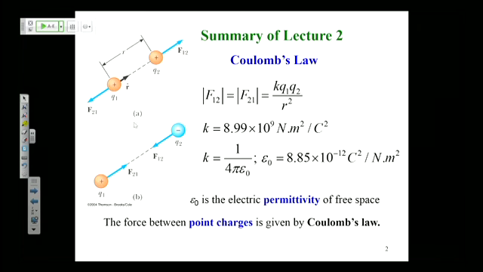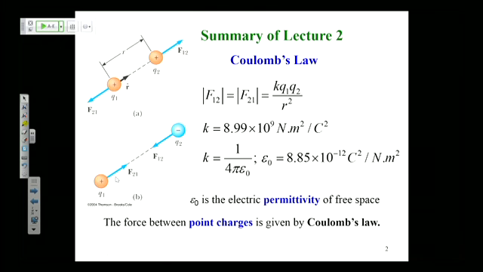So as you can see in figure A, the forces are repulsive because the charges are both positive, while in figure B, the forces are attractive because the two charges are different in type.